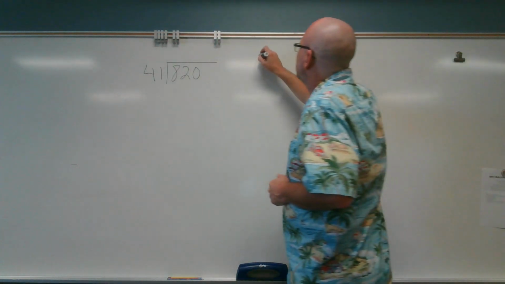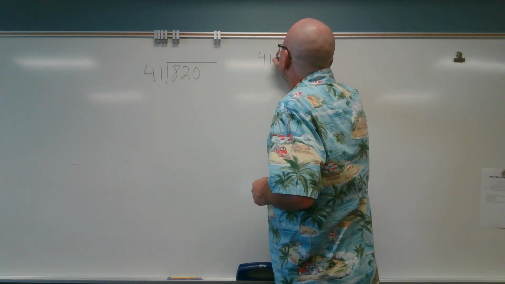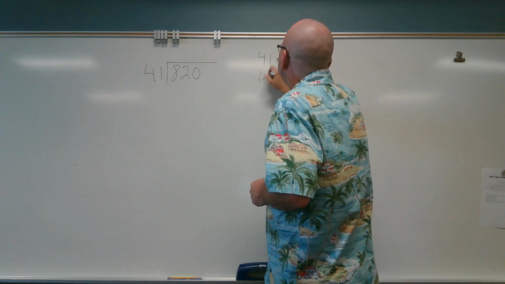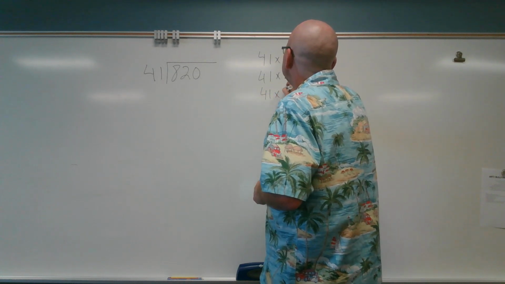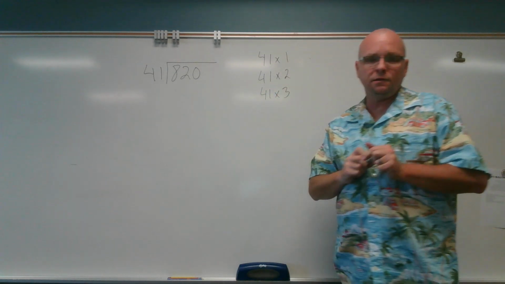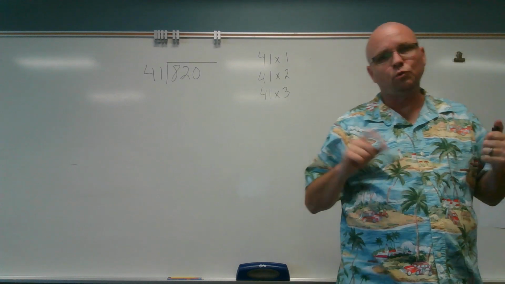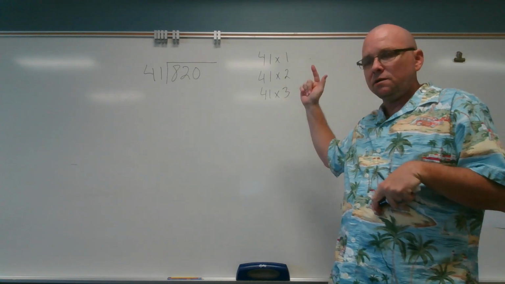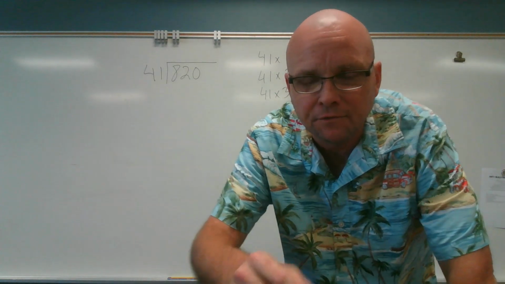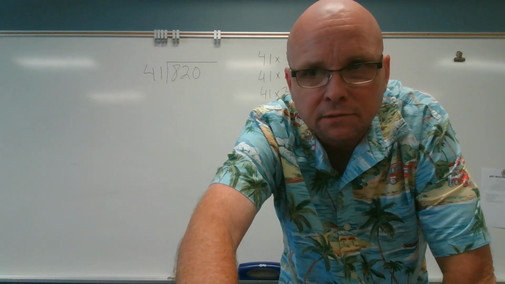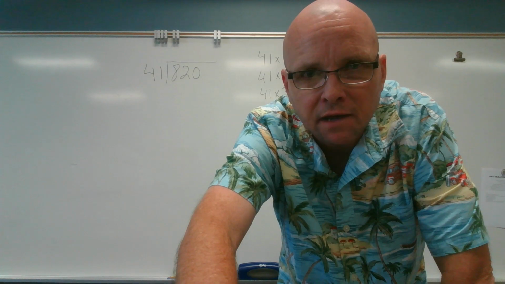So you're going to list your multiples of 41: 41 times 1, 41 times 2, 41 times 3. While you're doing that, I will pause it and turn it back on when we have listed all our multiples. Don't leave. Take a break, drink some Dr. Pepper, because I love Dr. Pepper.